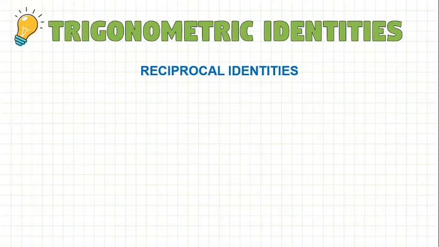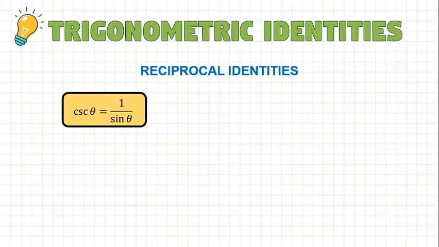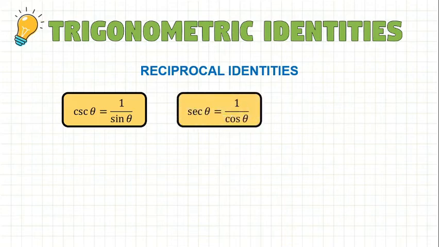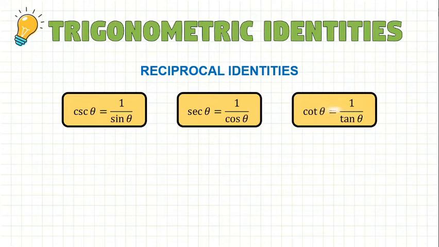We have the following. The first one is this one. Cosecant theta is equal to 1 over sine theta. We already know this one. Okay? We also have secant theta is equal to 1 over cosine theta. And the last one, we have cotangent theta is equal to 1 over tangent theta.